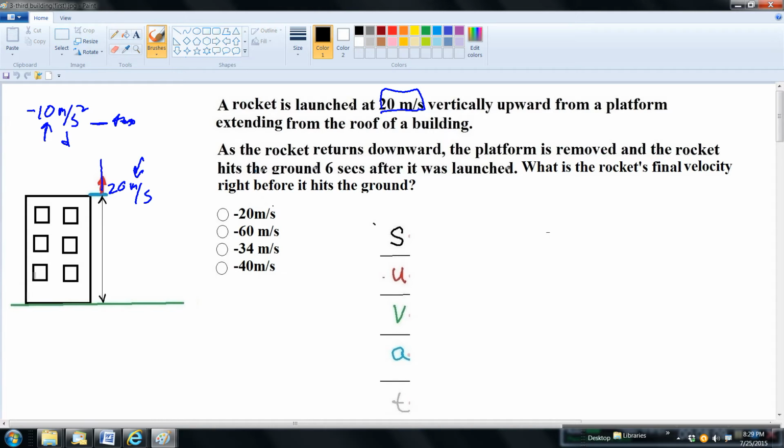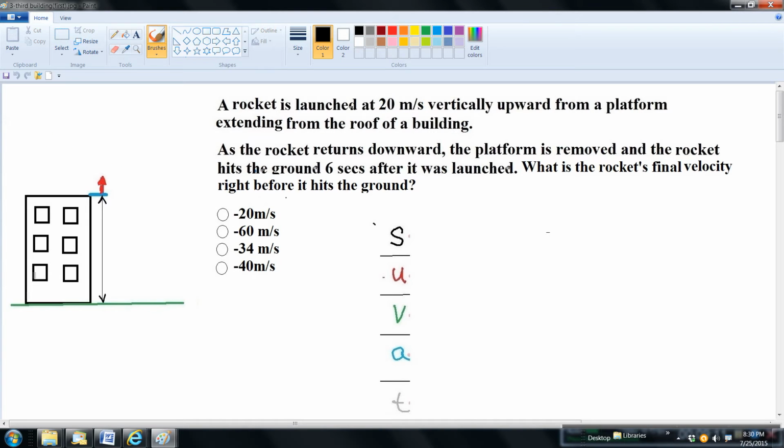So after 1 second, the velocity at that point would be 10 meters per second, and then after 2 seconds it would be 0, because every second it takes away 10 meters per second of velocity from our rocket, its initial velocity. So that means it takes 2 seconds to go up and 2 seconds to go down.